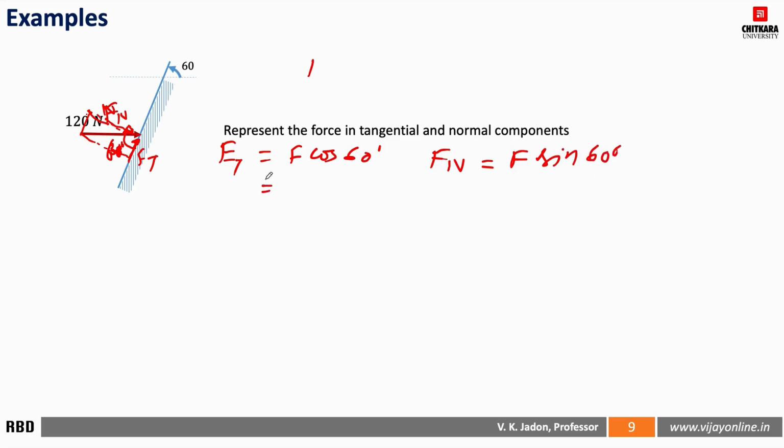So if F is 120, then 120 cos 60 is equal to 60 Newton. The normal force, in the direction shown in the figure, is 120 sin 60, which is 0.866 of this.